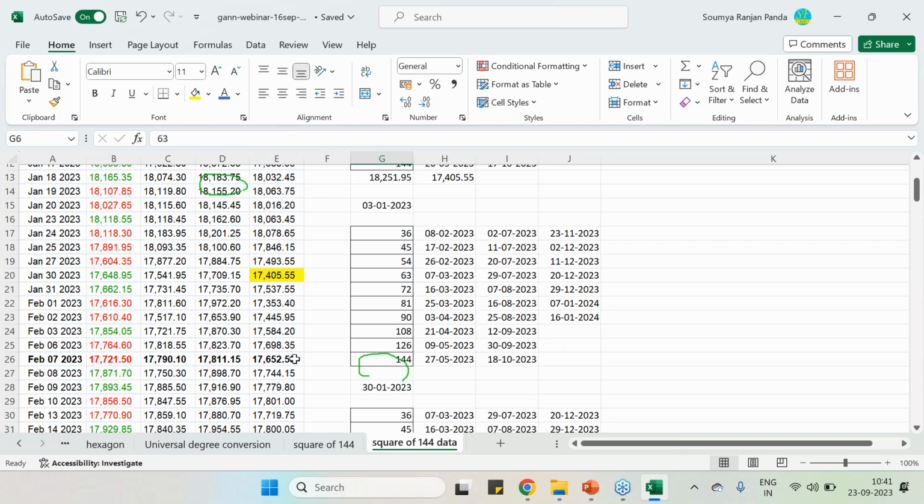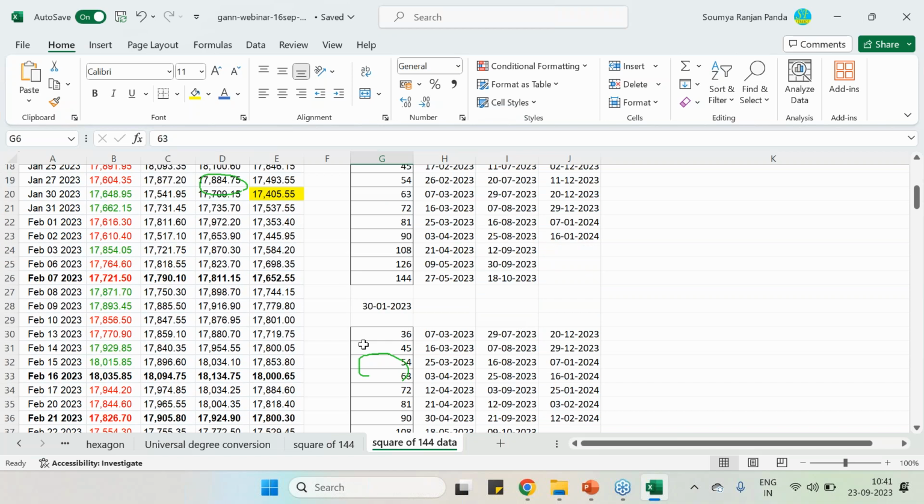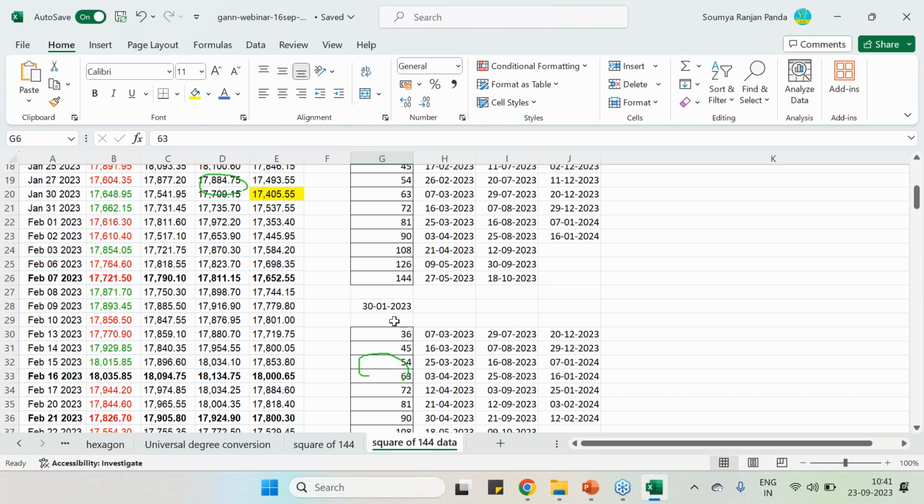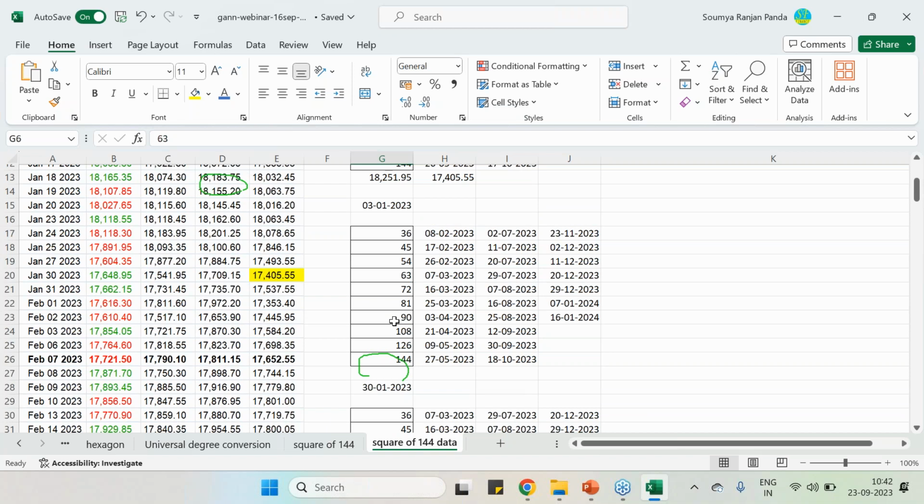There was a consolidation here, then a good period of uptrend started, and it continued till 16th or 17th February.